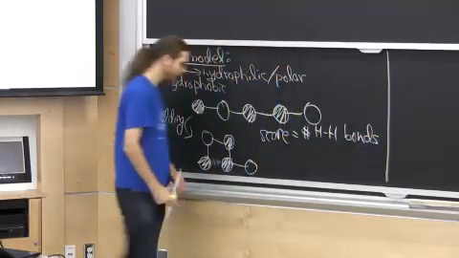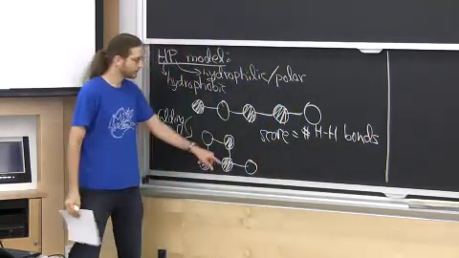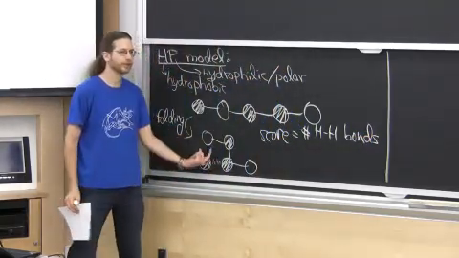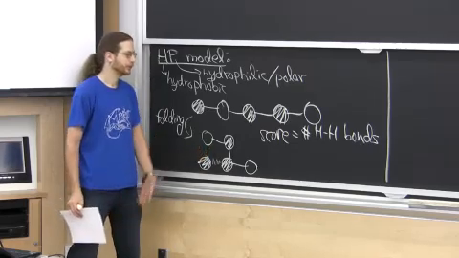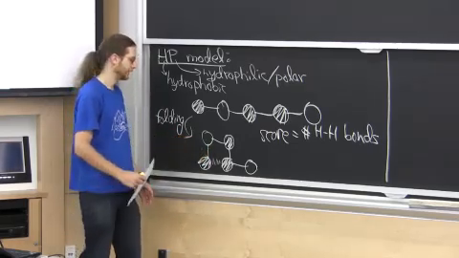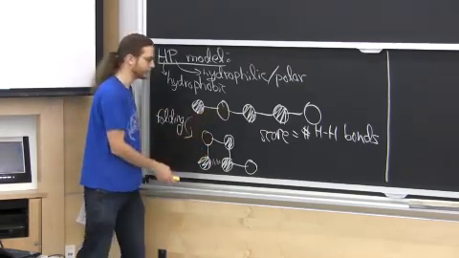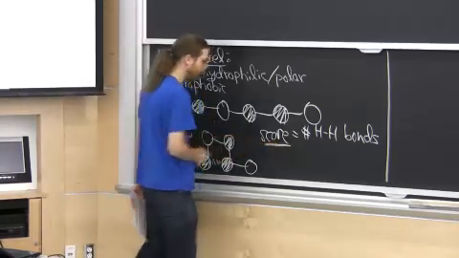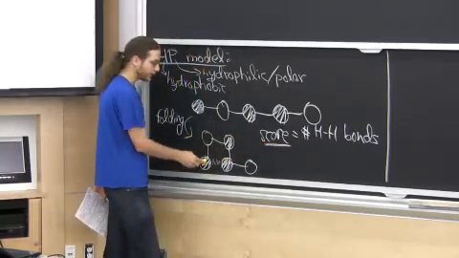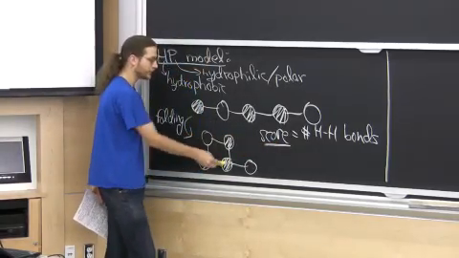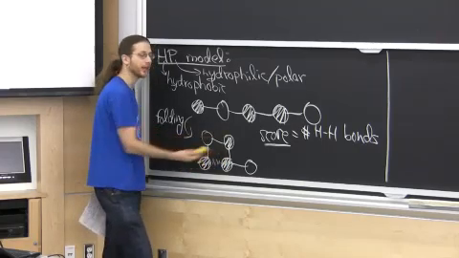The intuition is if you have two hydrophobic nodes that are next to each other, that means they're not next to the boundary, and so they're happier. There's a more formal argument of that, but this is an easy definition of score. You want to maximize the number of HH nodes that are adjacent on the lattice.